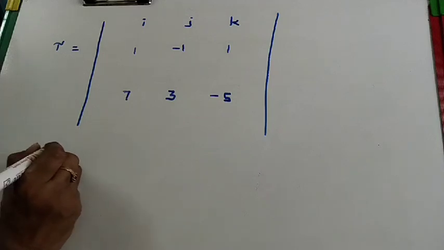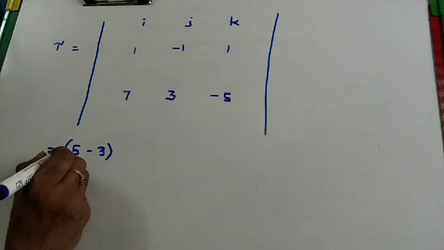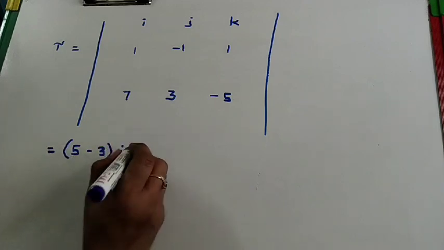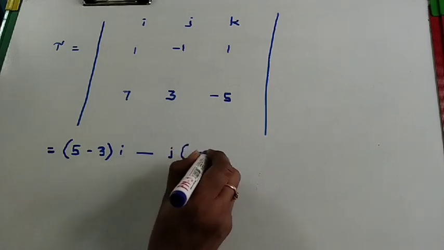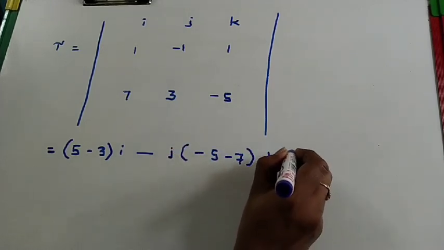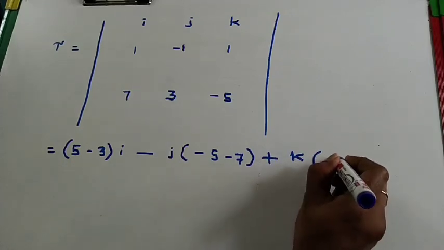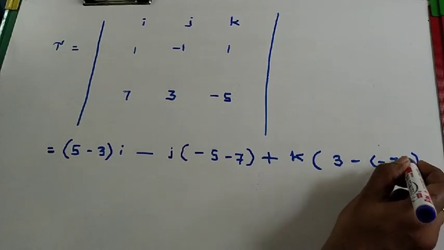That is equal to 5 minus 3 into i minus j into minus 5 minus 7 plus k into 3 minus of minus 7.